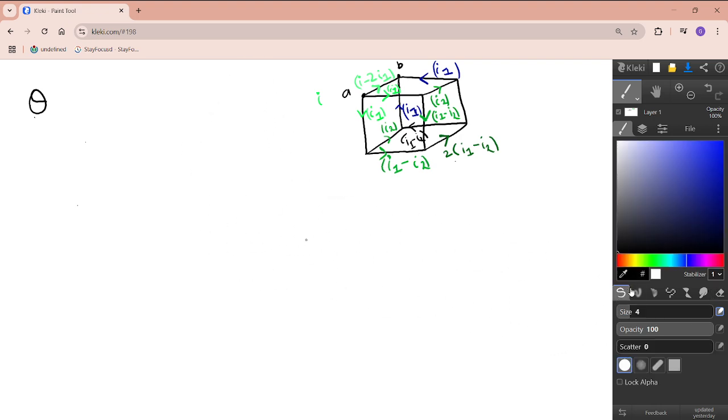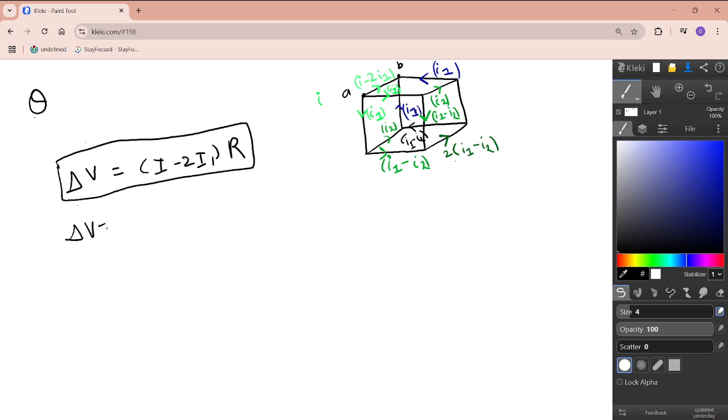So let's find the change in potential of A and B in forms of I. If we go from the shortest path, V is equal to IR, and the current here is I minus 2I1, times R. This is the first equation.